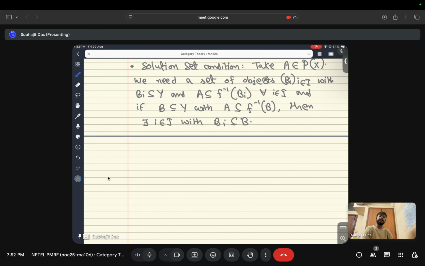Keep in mind that the categories themselves are small here. So in particular Py is a small category, it has a set of objects. Px is a small category, it has a set of objects. So what objects Bi can we pick such that A is contained in F inverse Bi for all i in I, and if B is such that A is contained in F inverse B, then some Bi should be contained in B itself?